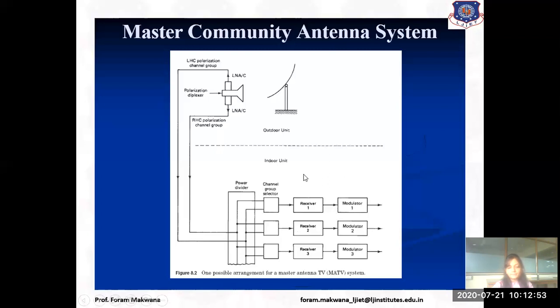That's why we can access a TV system in different rooms with the help of only a single outdoor unit, or a single parabolic reflector.